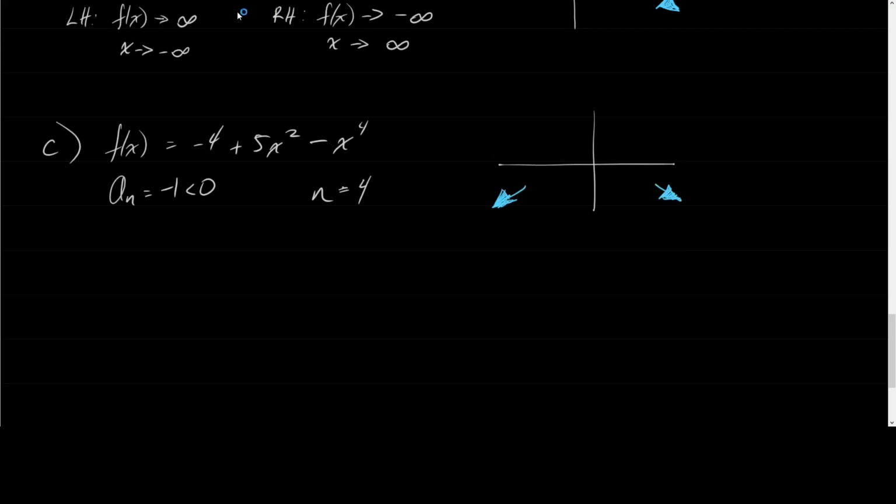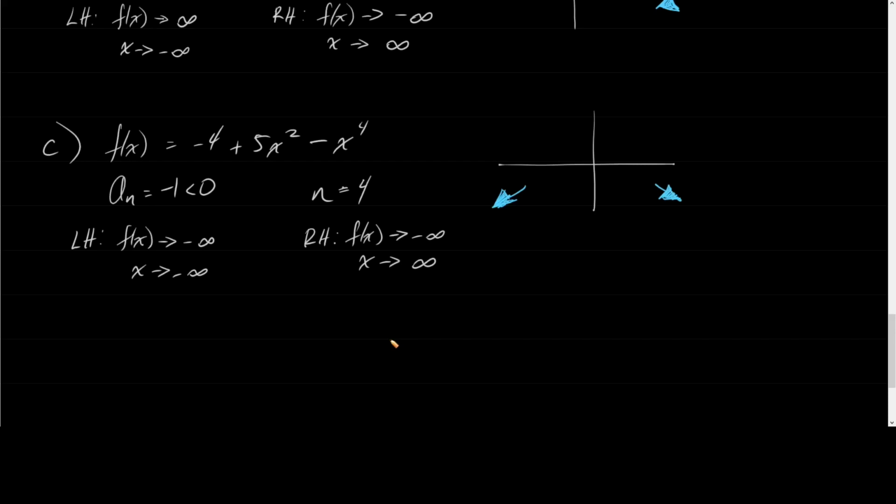So what we're going to say is that our left-hand behavior is that f of x goes to negative infinity as x goes to negative infinity, and our right-hand behavior is that f of x goes to negative infinity as x goes to positive infinity. All right, so that's the behavior that we get there. So that was using the leading coefficient test.